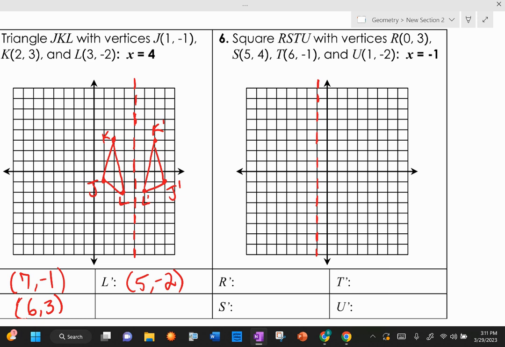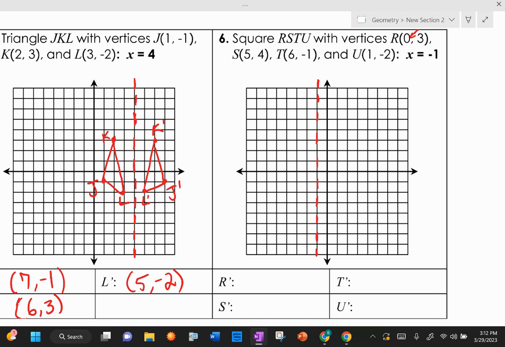Wait, do we write the coordinates? No. Okay, we'll write it. Good job, buddy. Okay, I'm still confused on how we get here. I'll help you out, Olivia. So basically, see how I'm doing this one right here? It's 1. So you're still graphing all of these from the origin.